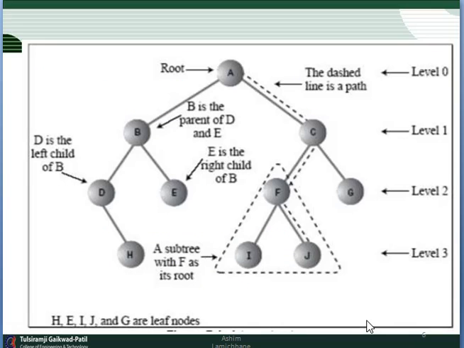Next, in the diagram I am going to explain the complete terminologies related to trees.